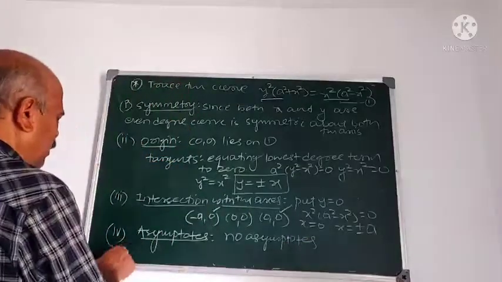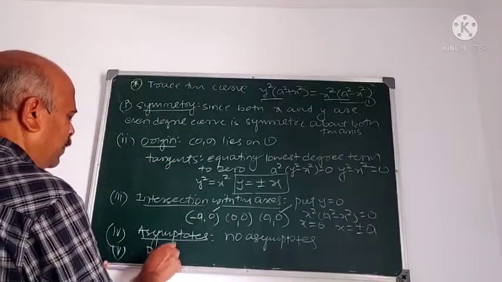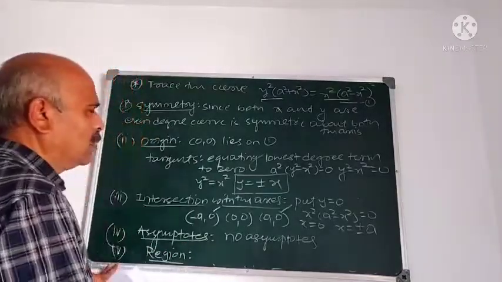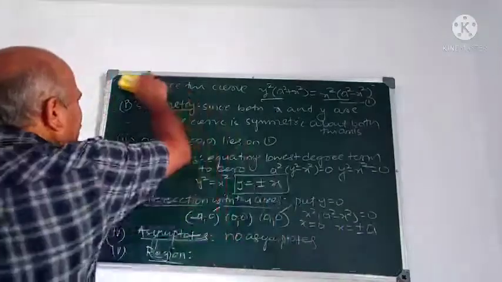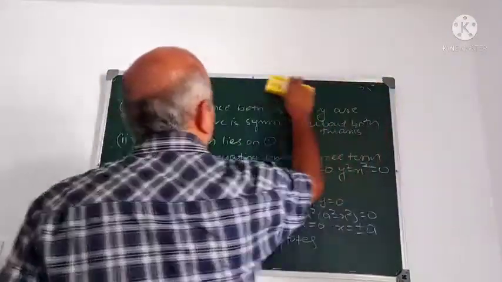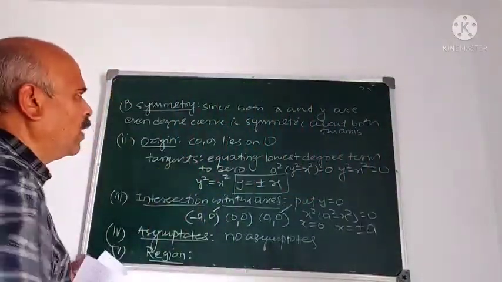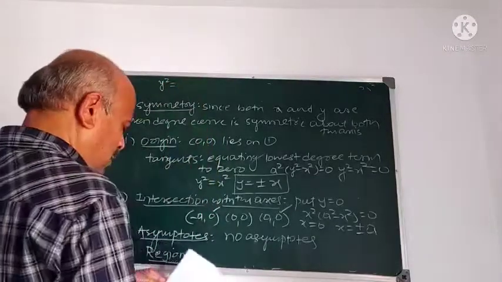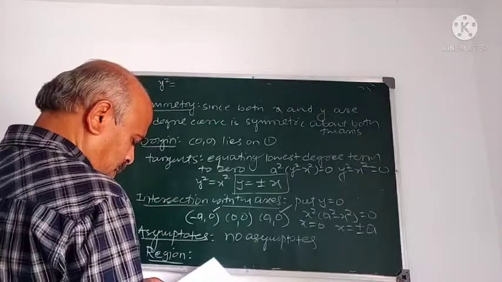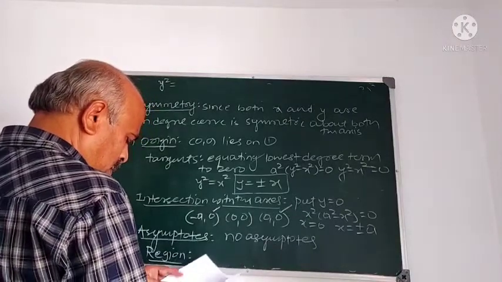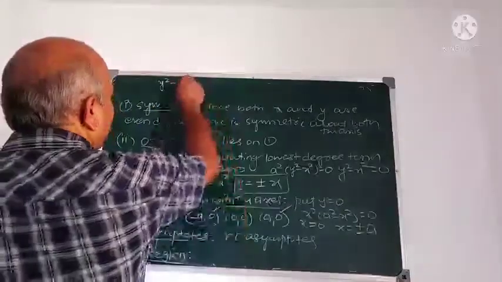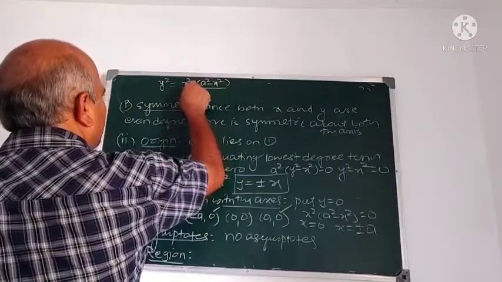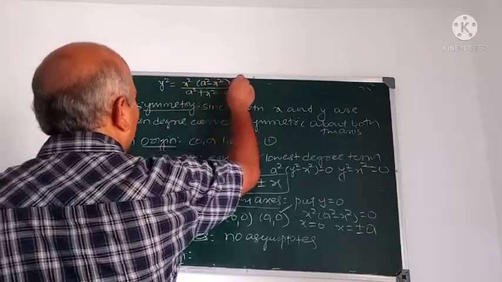And further, we have to find the region in which the curve lies or does not lie. So we have to find out. For that, how to find the region? To find the region, what is the equation of the curve? y square is x square into a square minus x square by a square plus x square.